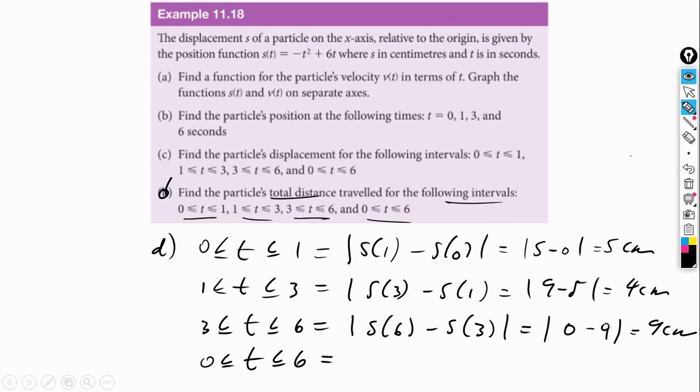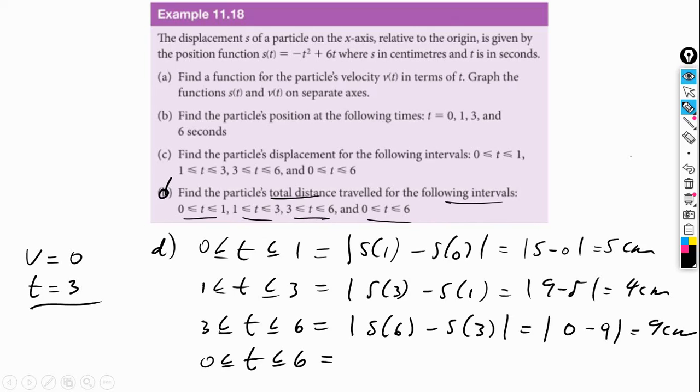Before we do this, we have to take into account that there is a change in direction, right? And where was that? We said it before looking at the graph. Remember that the velocity was equal to 0 at time equals 3. So we have to take this into account in order to calculate this.